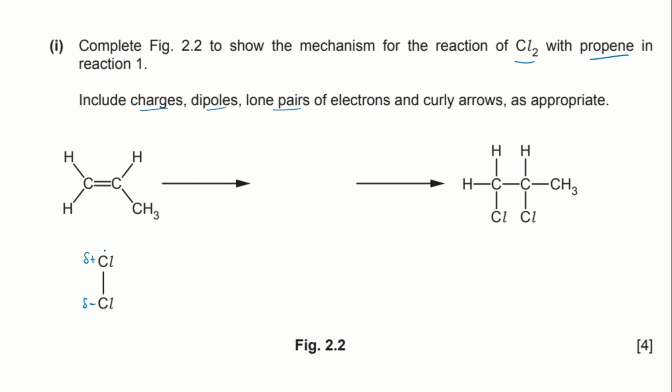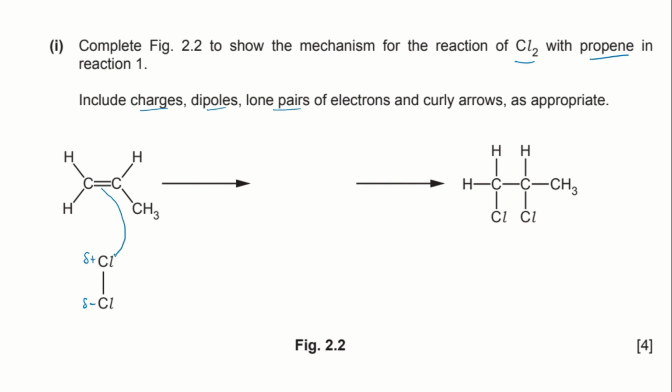Now, once this chlorine molecule, which was actually non-polar, approaches the double bond between these two carbon, the electrons here and these 4 electrons in the double bond will repel one another. So induce a dipole in this chlorine molecule. So it became partial positive here, the one that's closer to the double bond.